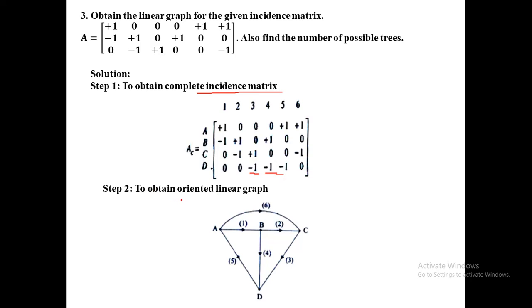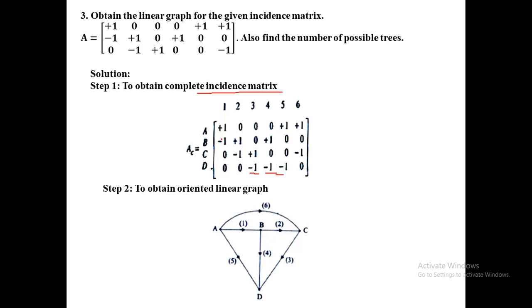Next we have to draw the oriented graph. How can we draw the oriented graph? First, from the incidence matrix itself we know that it has 4 nodes: A, B, C, D. First we consider the node A. Here it is the first column, first branch.